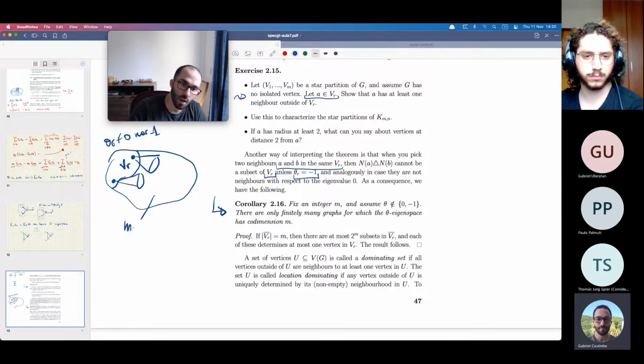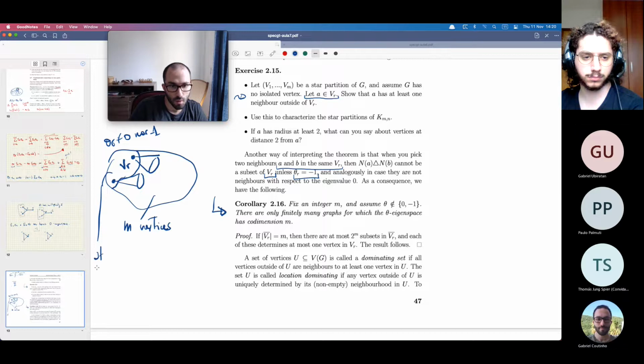Now, if here there are m vertices, each one of the vertices in here is going to be determined by a subset. So in here, there are at most 2 to the m vertices, actually 2 to the m minus 1, because the empty set is not an option. Each one of these vertices has a neighborhood outside, and these neighborhoods must be different.